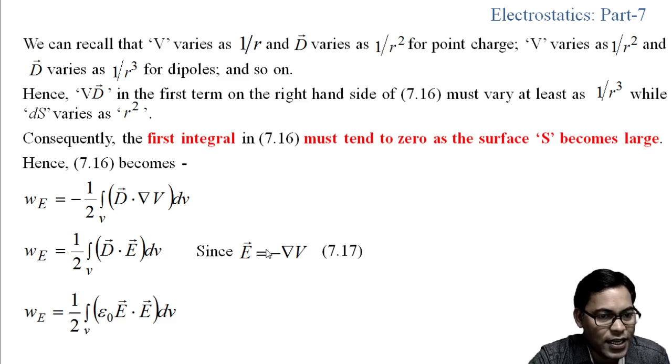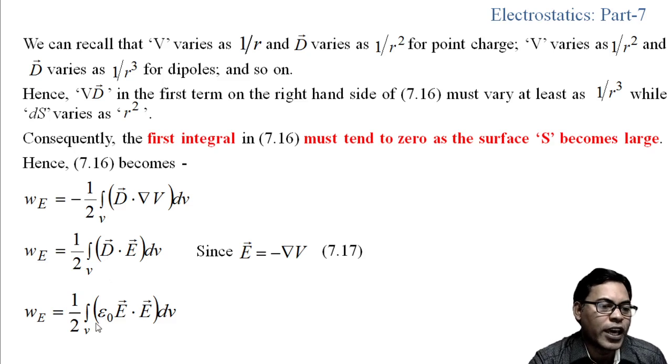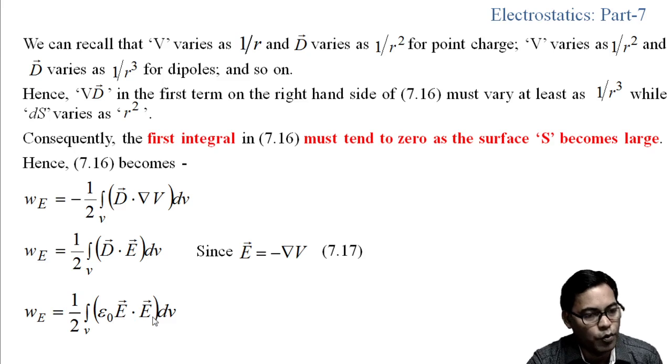Here the minus signs cancel out, so we get W equals half of the volume integral of D dot E dV, where del V is replaced by E. Since D equals epsilon naught E, we can write W equals half of the volume integral of epsilon naught E dot E. E dot E means the magnitude of E square, because both E's are in the same direction, so the unit vectors are the same and a_R dot a_R is 1.